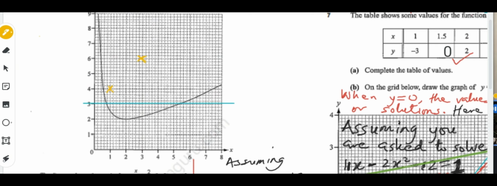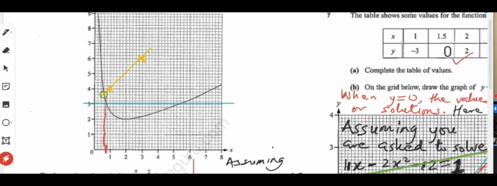So all we need to do is join these 2 points, isn't it? I've just joined these 2 points like this. Wherever it cuts the graph is the answer. This point where it cuts the graph, you trace it down to the x value.